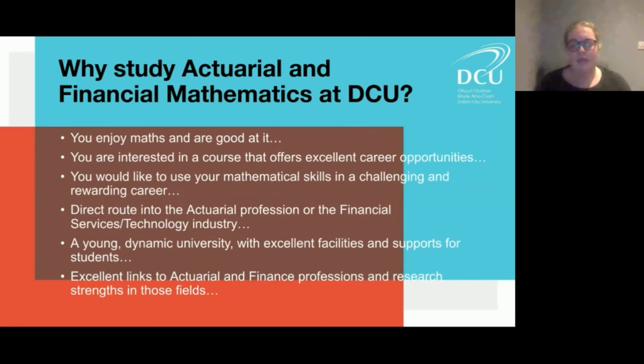And I suppose another thing that you do get in DCU, because it is a smaller college than some of the other colleges offering the actuarial maths degree, you do kind of get a bit of continuity. So there's linear maths courses in first and second year.